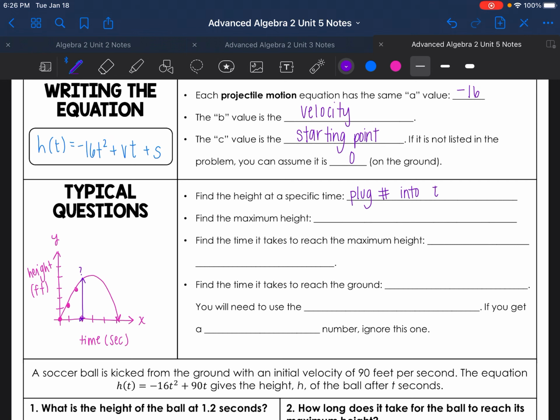If it says to find the maximum height, that's at your vertex. Now, if it's asking for the maximum height, your height is the y value of your vertex.